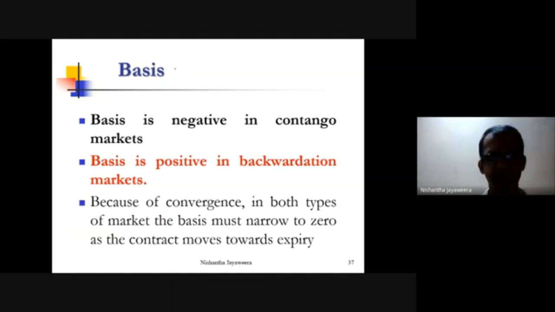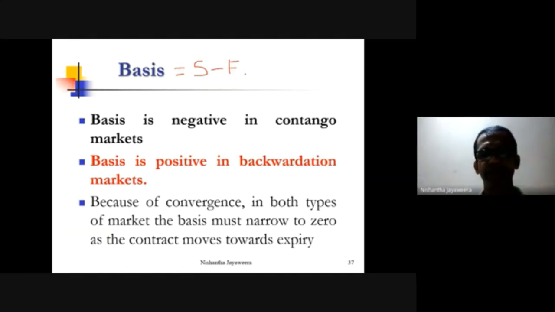Yes, because basis equals spot minus futures. So if this is positive, what does it mean? Spot price is higher than the futures price.